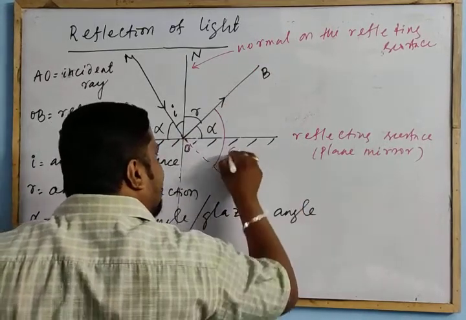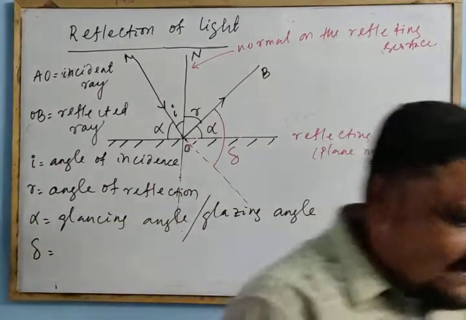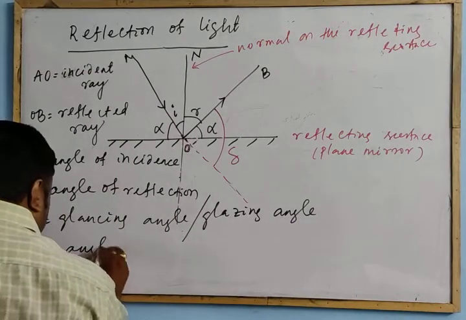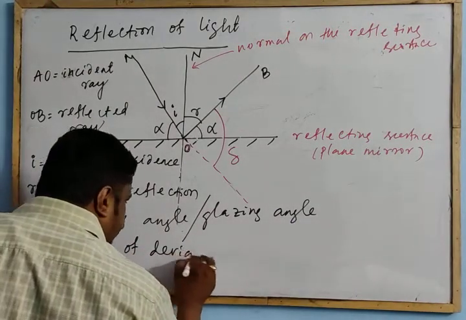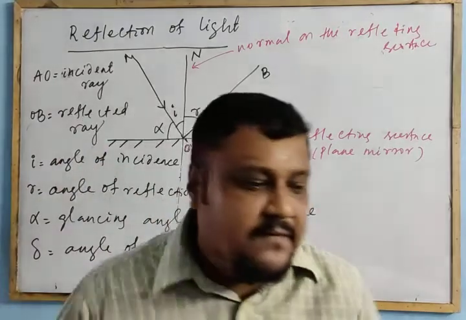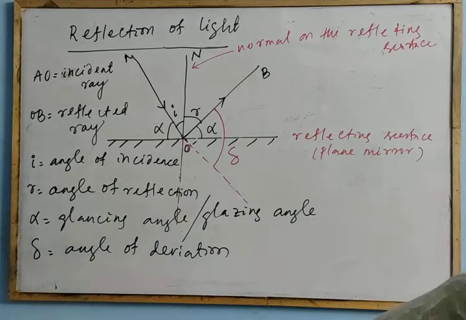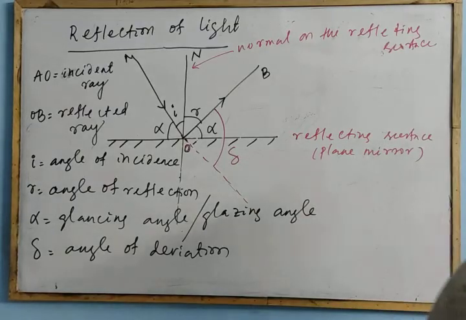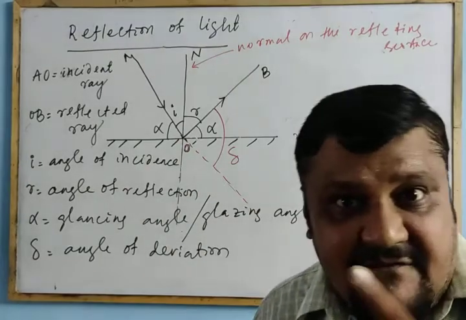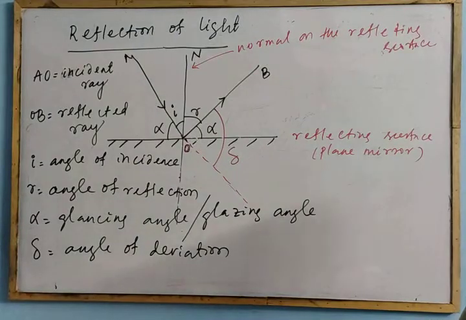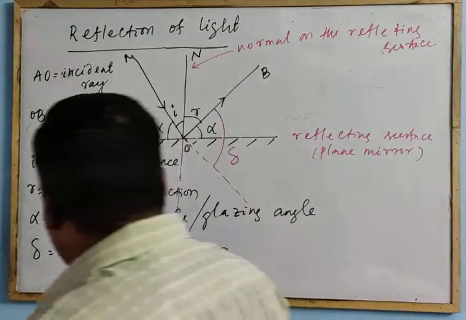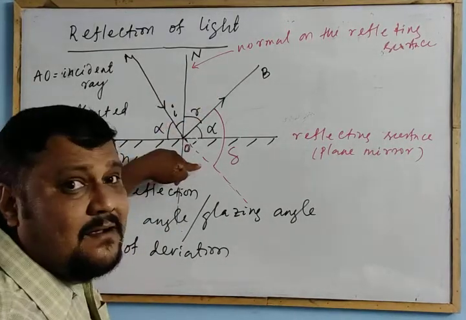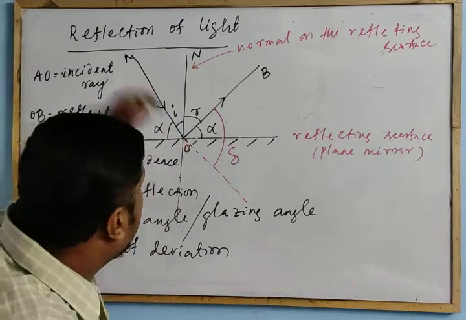So this angle is called delta. Delta is called the angle of deviation. It is the angle between the reflected ray and the line of action of the incident ray.